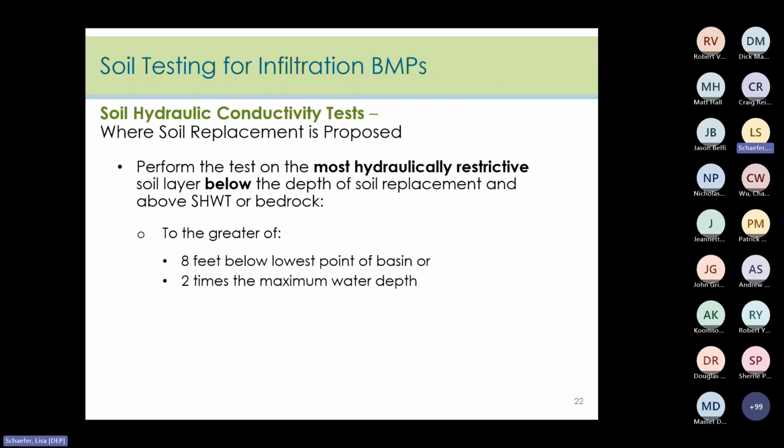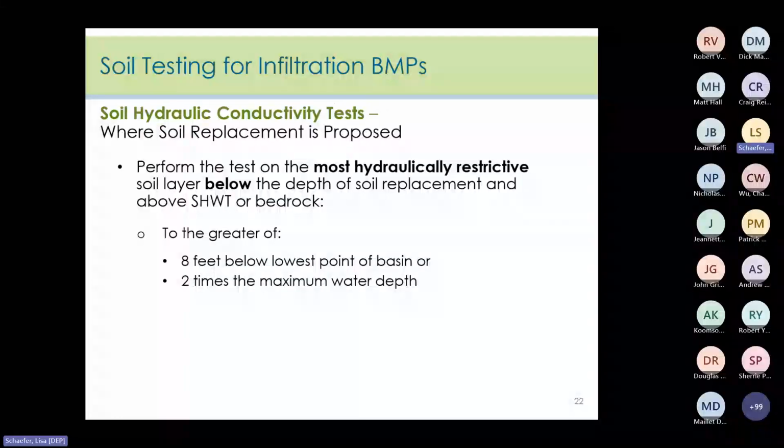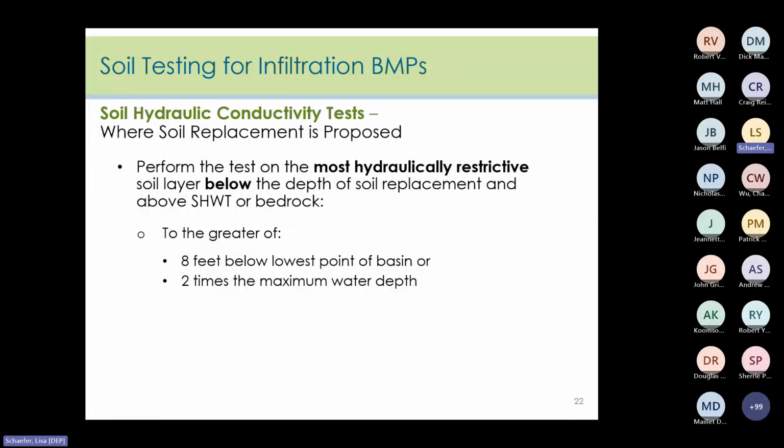So this requirement means first, the excavation of the soil profile must reach the required depth, and second, the hydraulic conductivity must be tested on the most hydraulically restrictive soil layer below the soil replacement or the lowest point of the basin, but above the required soil profile depth.